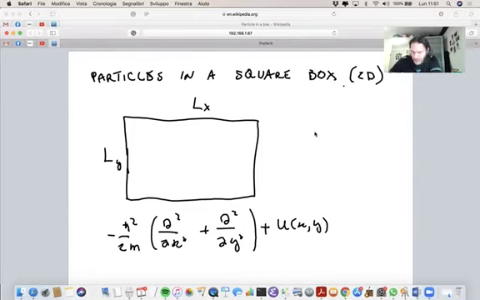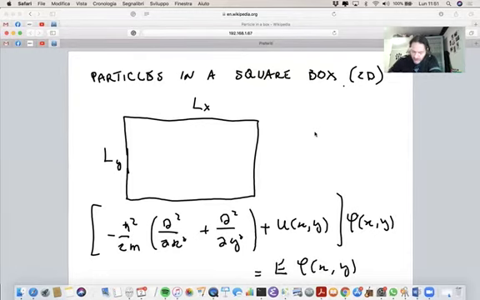Also, the potential in general depends on x and y. And the wave function we want to look at depends on x and y. And the energy, of course, is a constant, so it doesn't depend on anything. That's the kind of problem we want to solve in general. It's a two-dimensional Schrodinger equation.